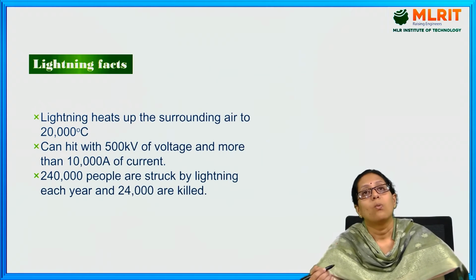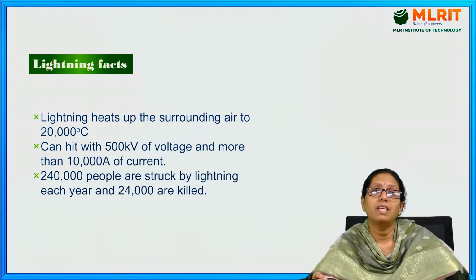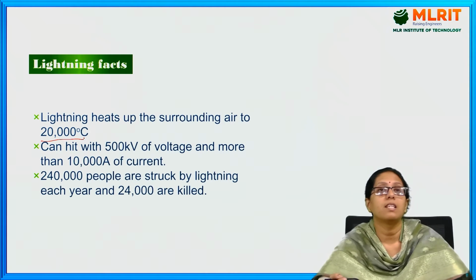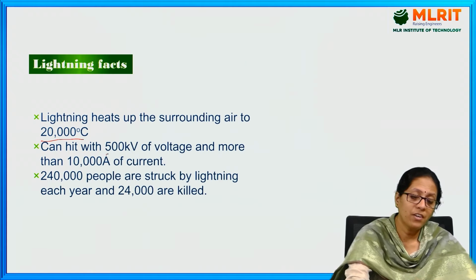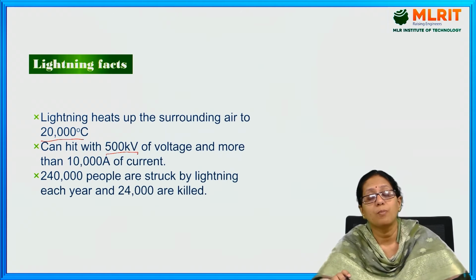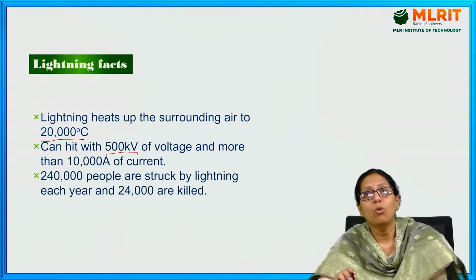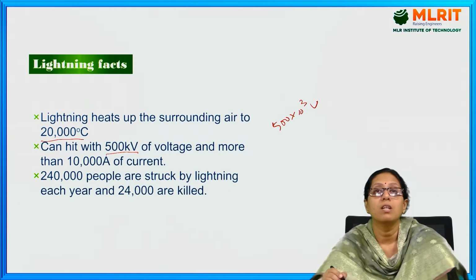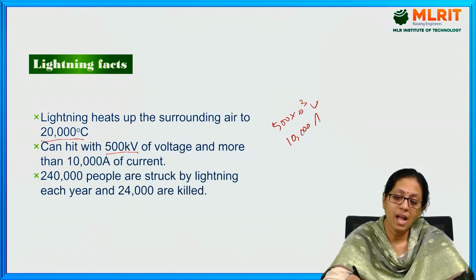And what are the facts of lightning? Lightning heats up the surrounding air to about 20,000 degrees centigrade, and can hit with 500 kilovolts of voltage. That means the lightning voltage is around 500 kilovolts, 500 into 10 power 3 volts, and more than 10,000 amperes.